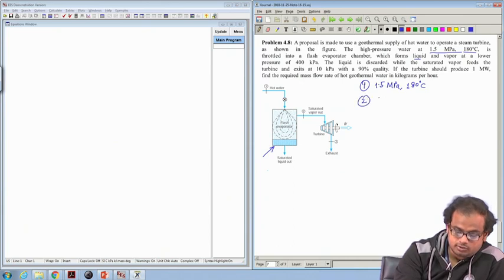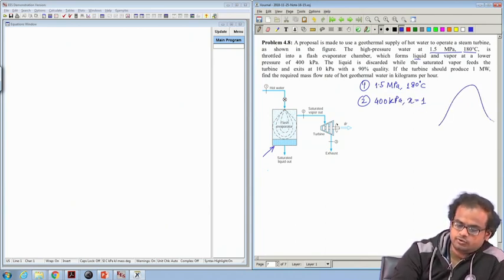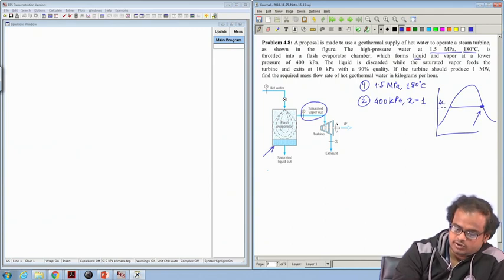So state 2 would be at 400 kilopascal, x equal to 1, because like I showed, this vapor output is extracted here. This pressure is 400 kPa, but this is not extracted, this is extracted. Okay, whatever comes here is extracted.